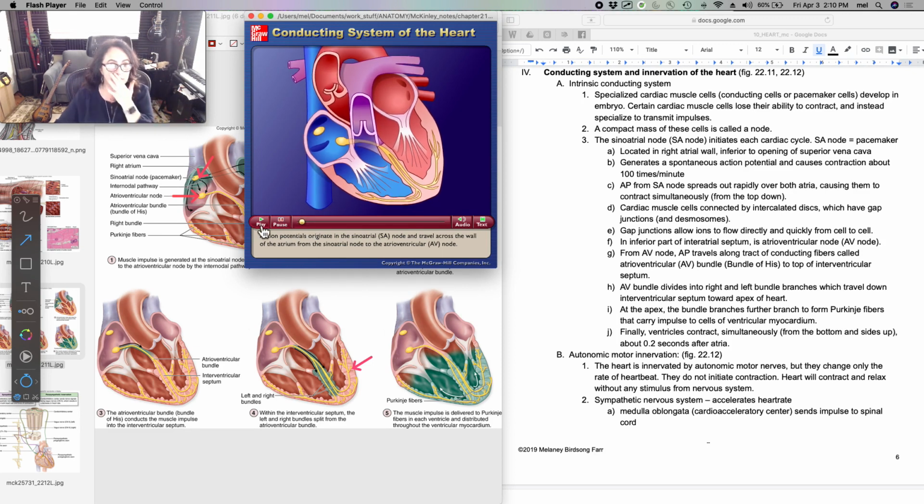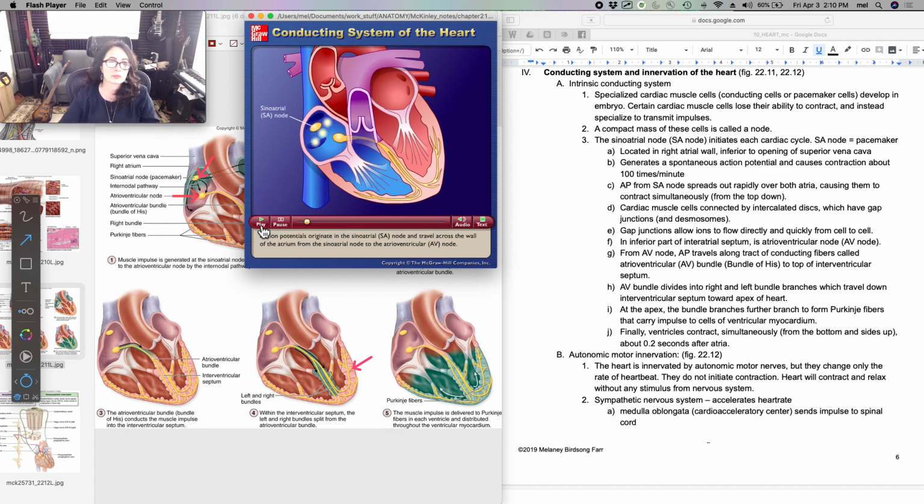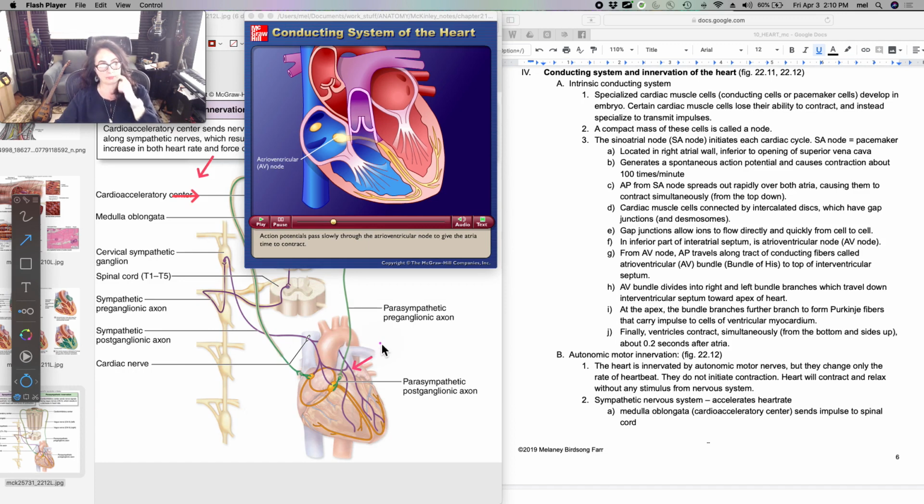Action potentials originate in the Sinoatrial Node and travel across the wall of the atrium from the Sinoatrial Node to the Atrioventricular Node. Action potentials pass slowly through the Atrioventricular Node to give the atria time to contract. They then pass rapidly along the atrioventricular bundle, which extends from the Atrioventricular Node through the fibrous skeleton into the interventricular septum.